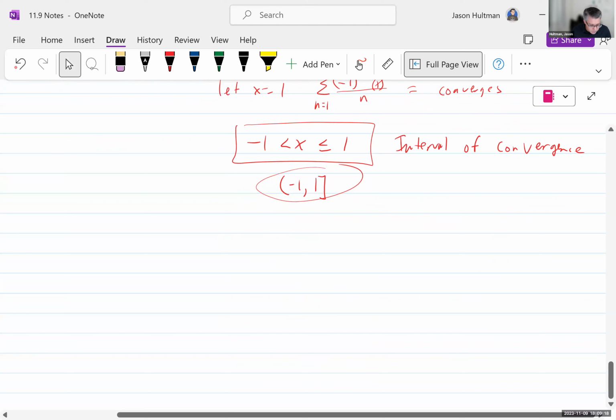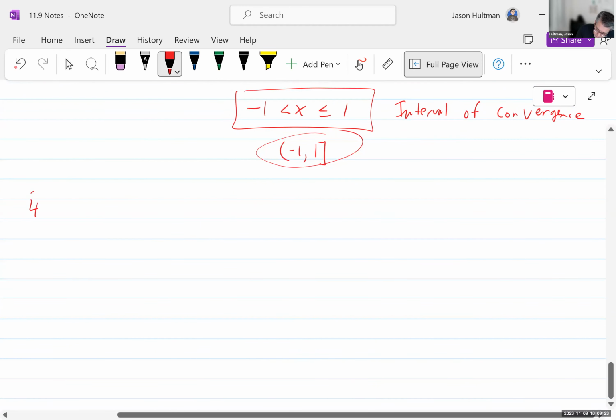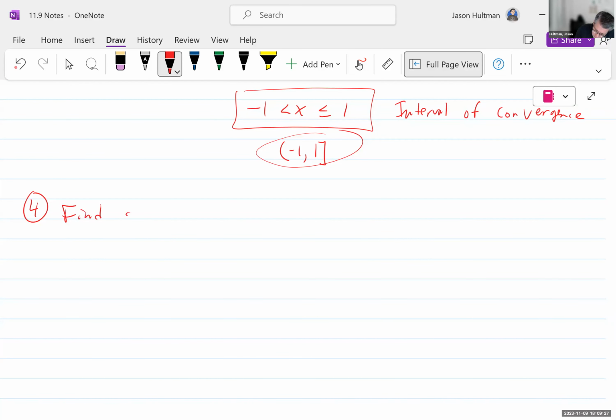Okay, number 4. Find a power series for f of x equals the inverse tangent of x. Interesting.